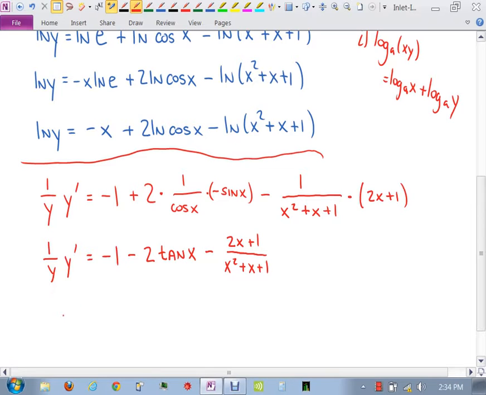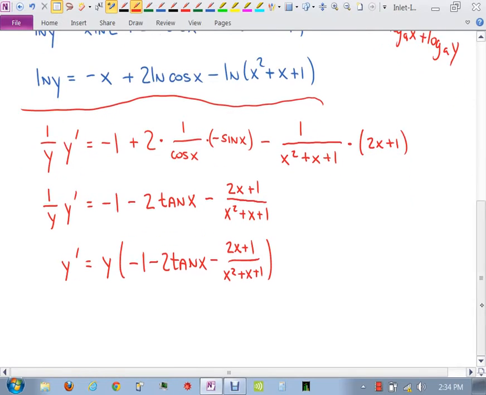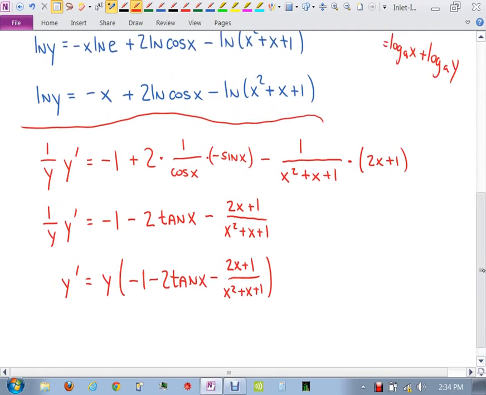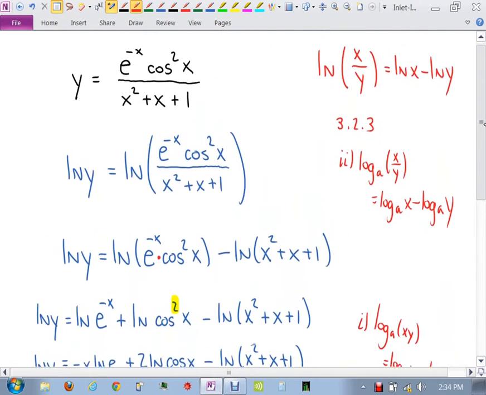And then I'll multiply both sides by y, right? So I'm just going to throw that y out in front of all of them. And that would be okay, but did we have an equation that had y in it way earlier in the problem? Wasn't the original problem y equals something?